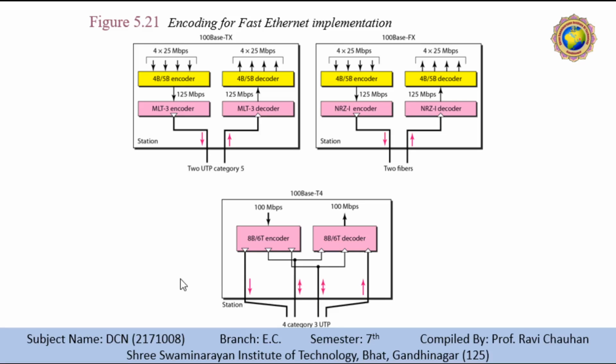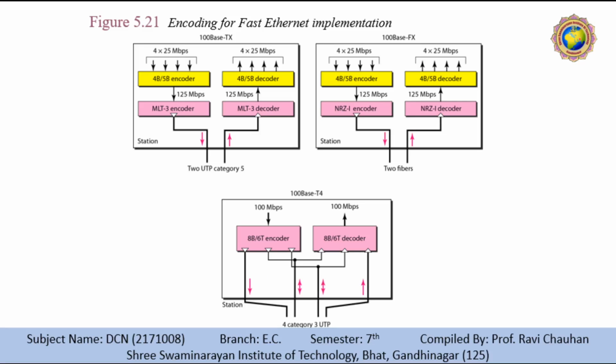As this implementation uses category 3 UTP, each twisted pair cannot easily handle more than 25 Mbaud. In this design, one pair switches between sending and receiving. The three pairs of UTP category 3, however, can handle only 75 Mbaud, or 25 Mbaud each.